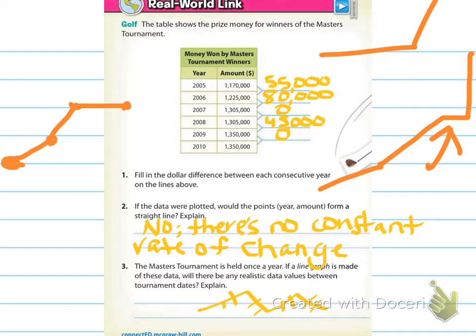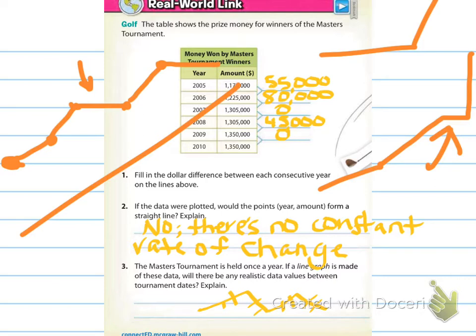So you would have a plateau like that right there. Then we go up to the next number and then plateau again. So we'd have something that looked more like this, not a nice straight line where it's increased the same amount each year.